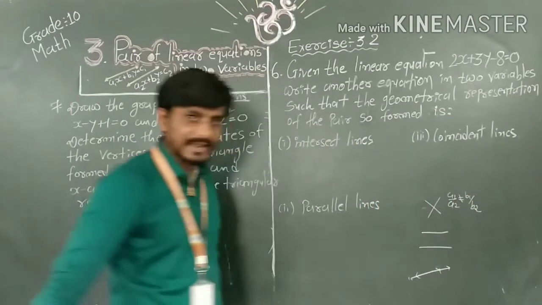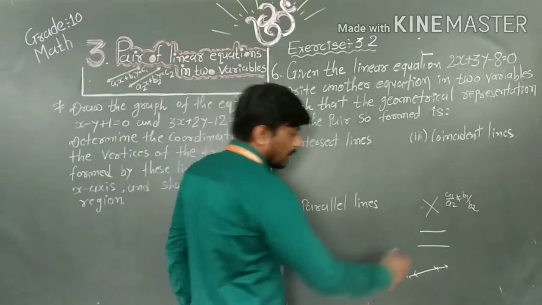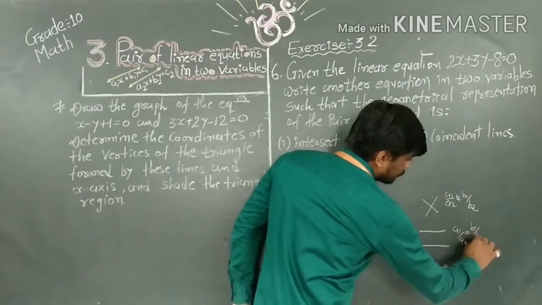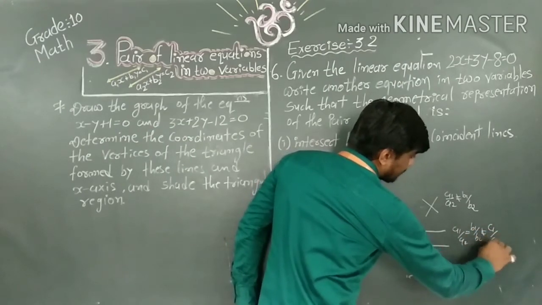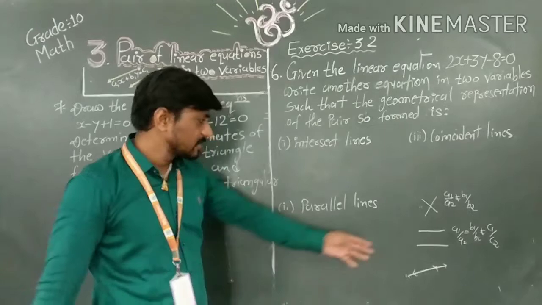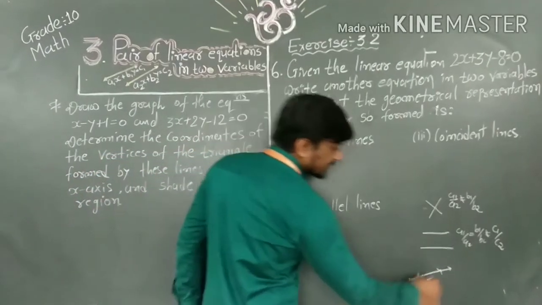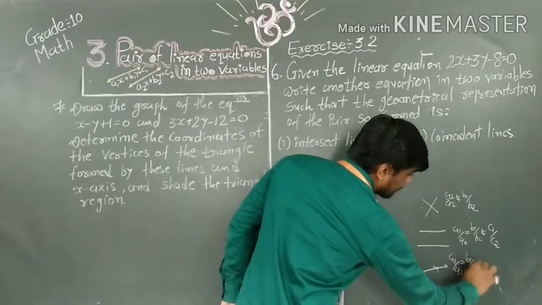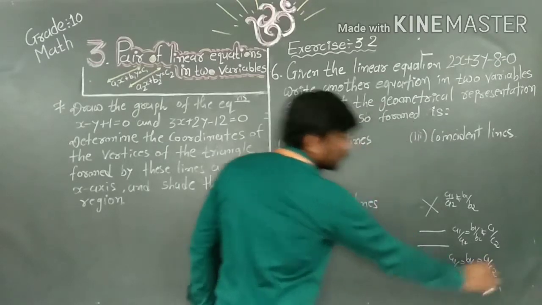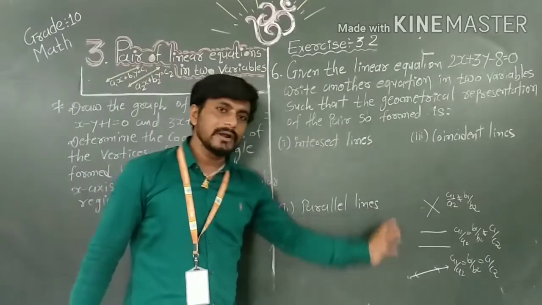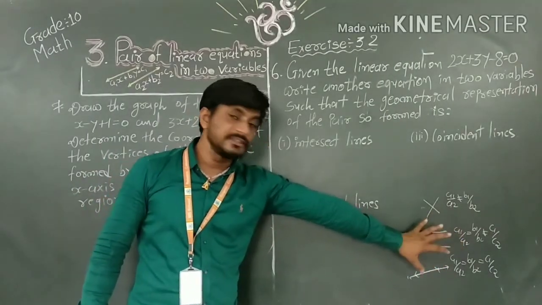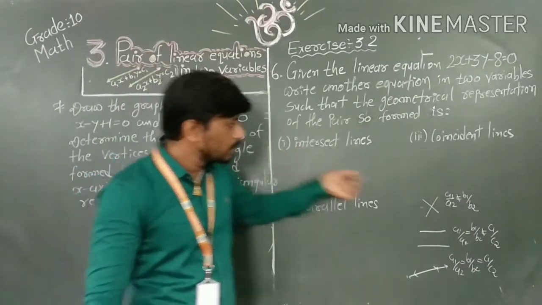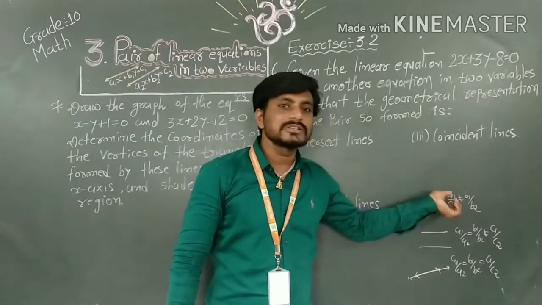For parallel lines, a1 upon a2 is equal to b1 upon b2 but not equal to c1 upon c2. And for the third possibility, coincident lines, all ratios are the same: a1 upon a2, b1 upon b2 and c1 upon c2. We already learned about the three possibilities. Here we want the ratios to be not the same.